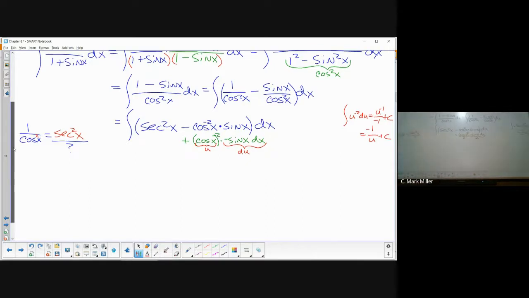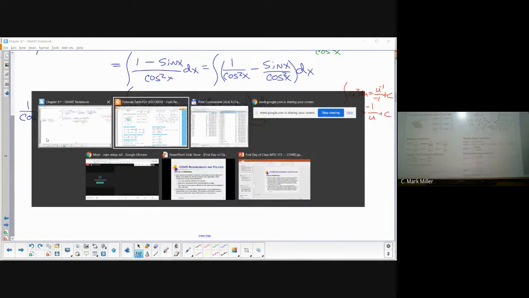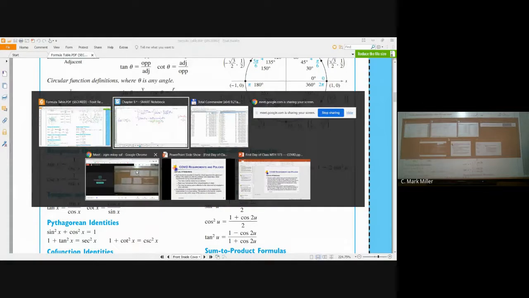What is u here? Cosine. So that's going to be, oh, we're ready to integrate here. The antiderivative of secant squared. Pop quiz. It's on that chart. Secant squared is the derivative of what?